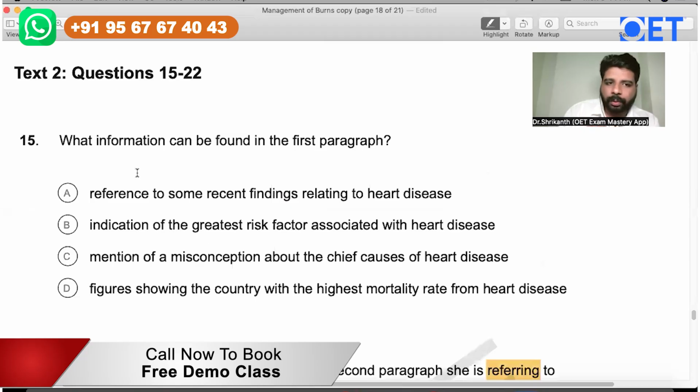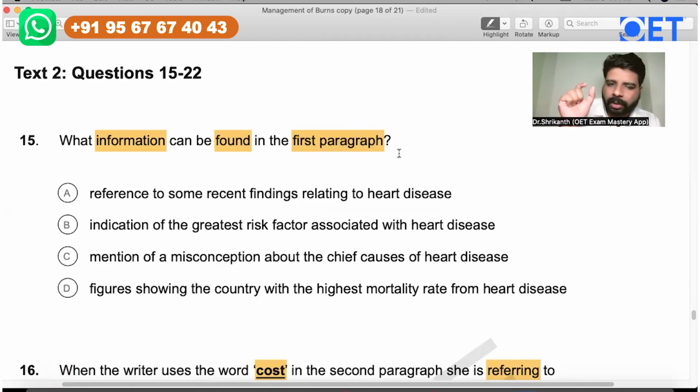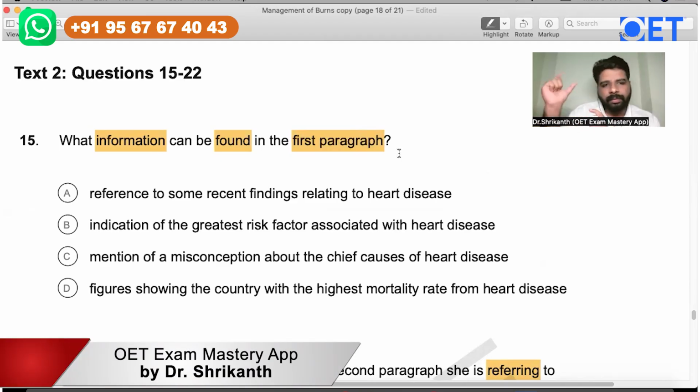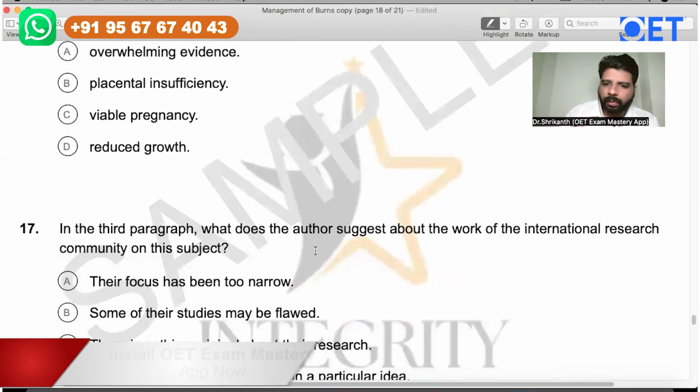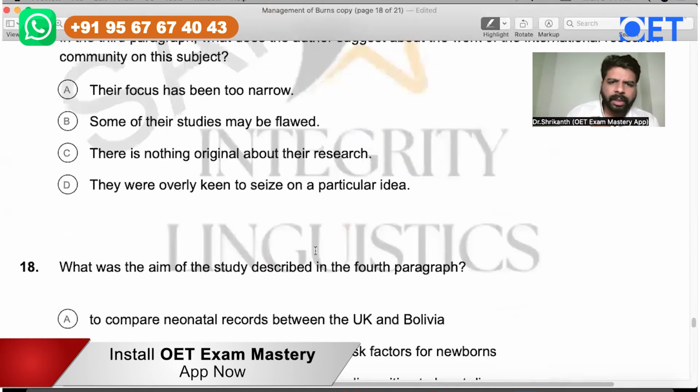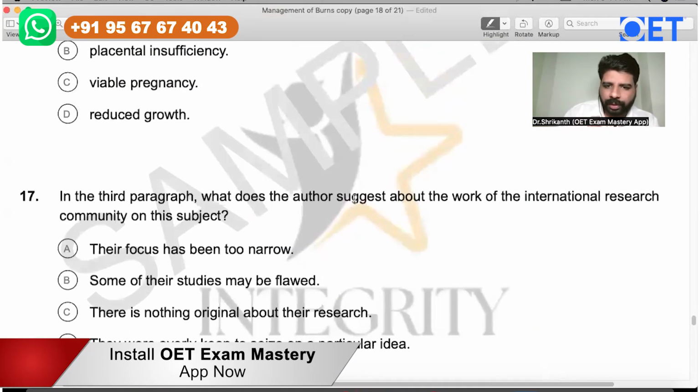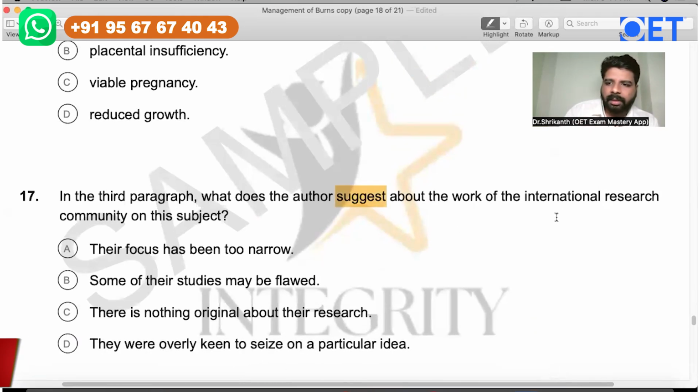This is a direct, detail specific question: what information can be found in the first paragraph? One particular detail has been given in the first paragraph, and you must identify that specific information. And this is an opinion type question: in the third paragraph, what does the author suggest about the work of the international research community?